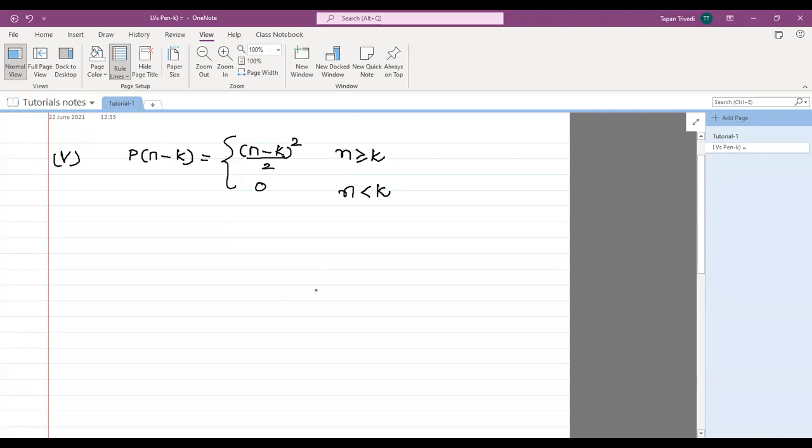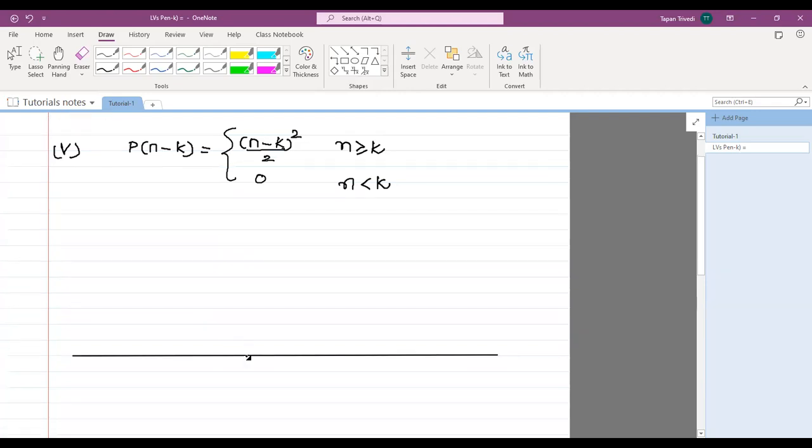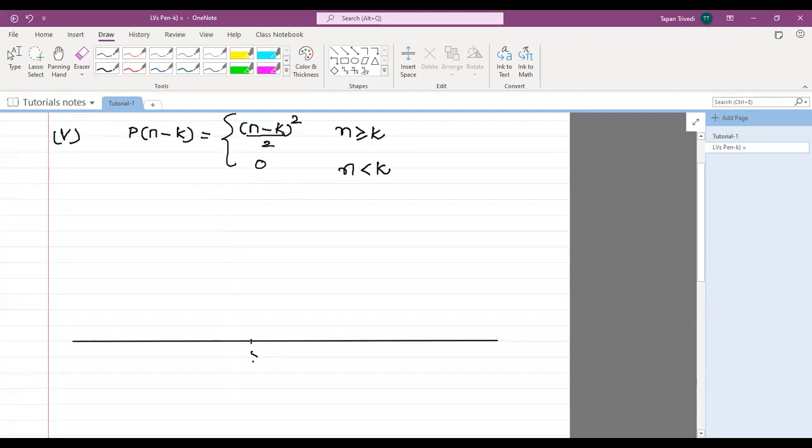Fine. And then we will draw it here. Now let's say that this is 0. For 1 also it is 0. For 2 also it is 0. And we go up to k.